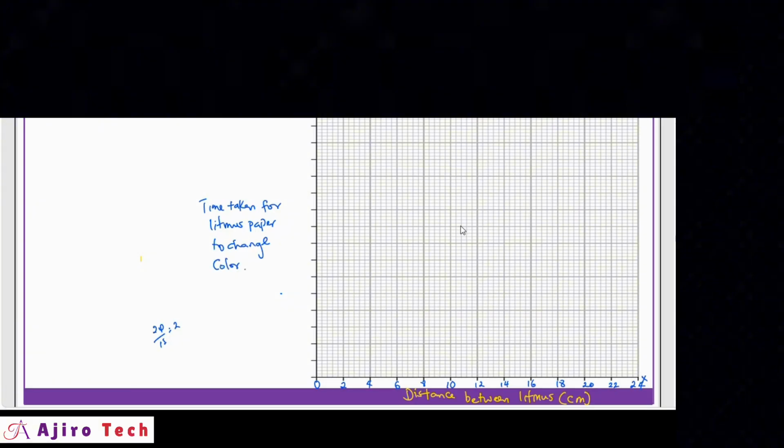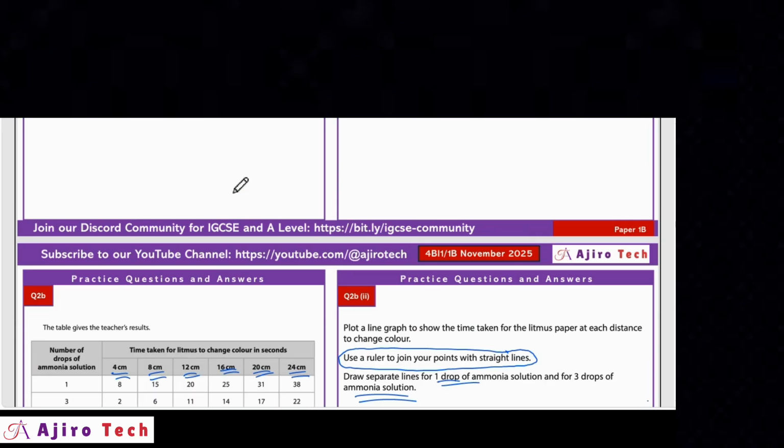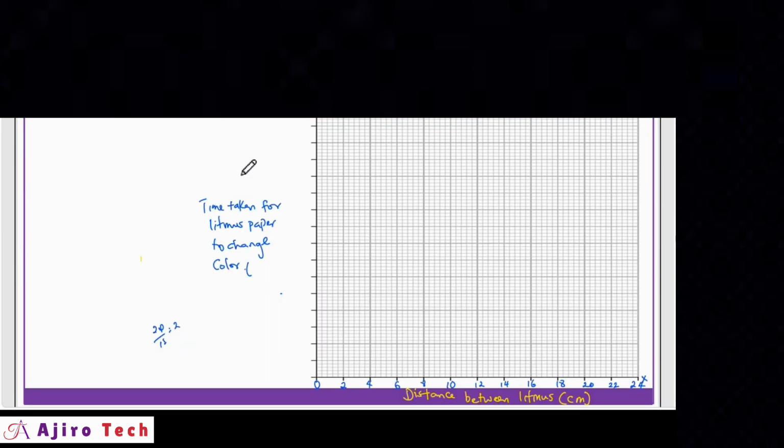Now don't forget the unit is measured in seconds. Let me check the table again. Yes, it's measured in seconds. So just put your S, close the bracket. You've gotten 1 mark like that by properly labeling your axis.